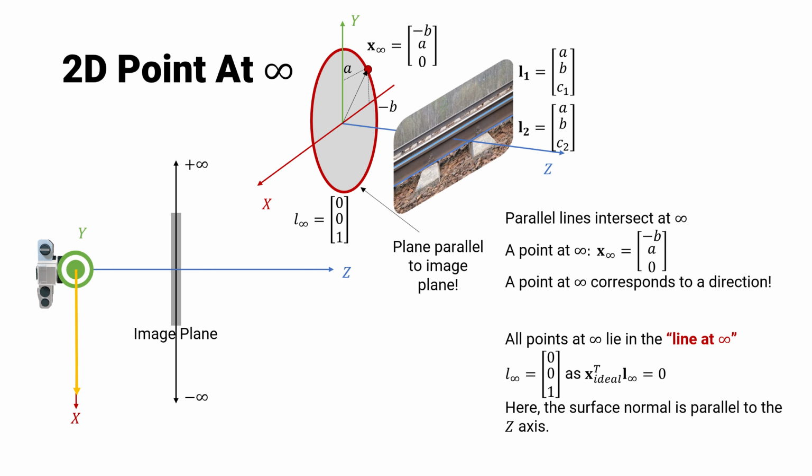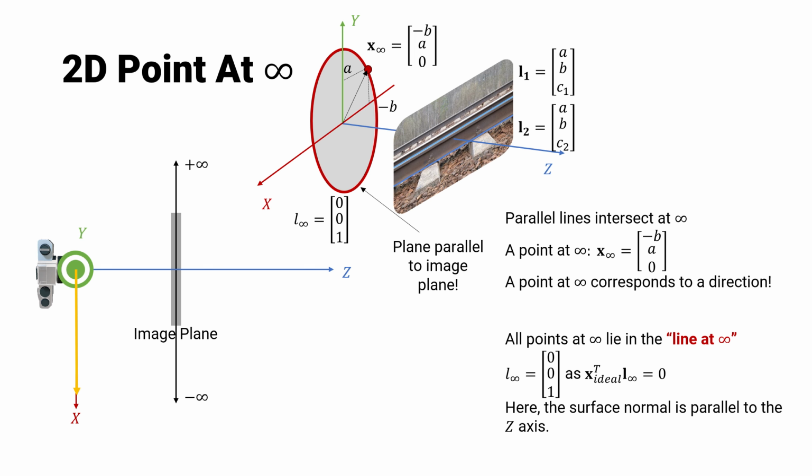I want you to pause this slide and look at it a little more carefully, because the concept of the line at infinity is a little weird, but it's very, very powerful. Just to quickly recap, when you look at parallel lines head on, they will intersect at a point at infinity. A point at infinity is a plane which is parallel to the image plane, and this refers only to the direction.